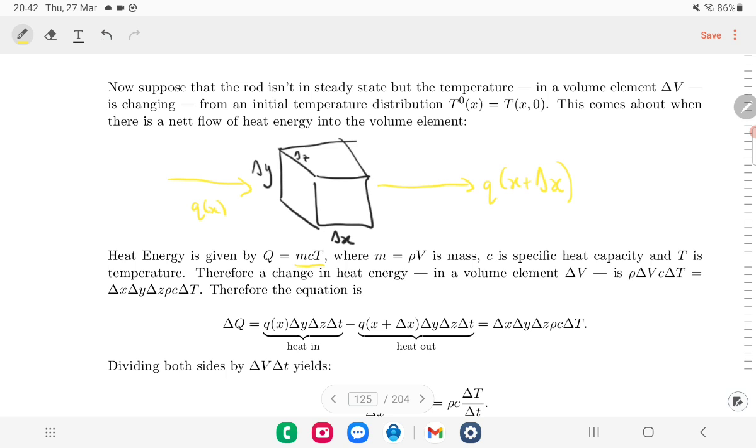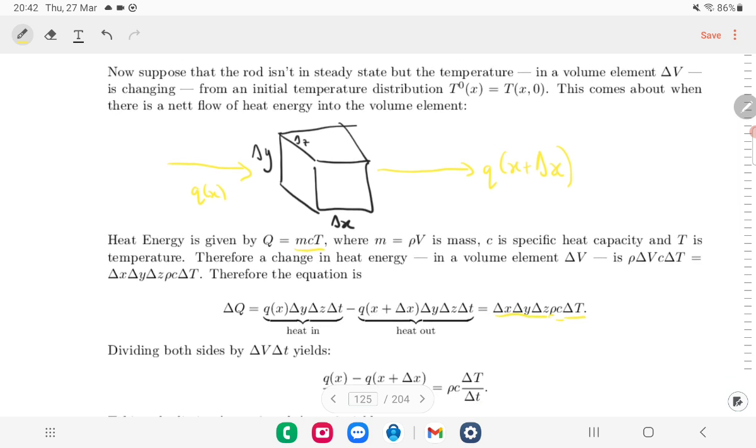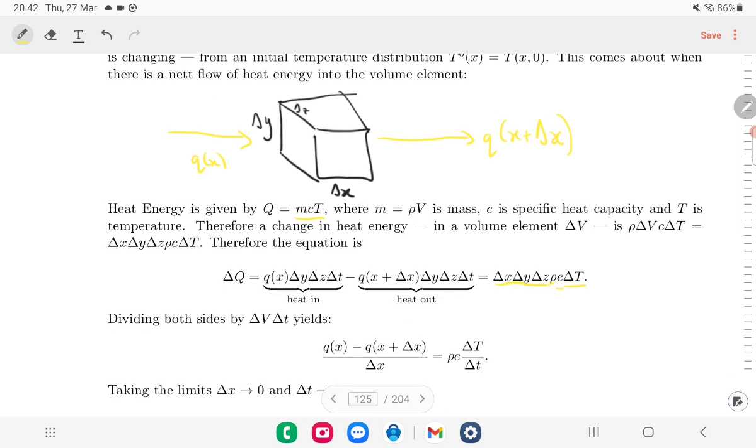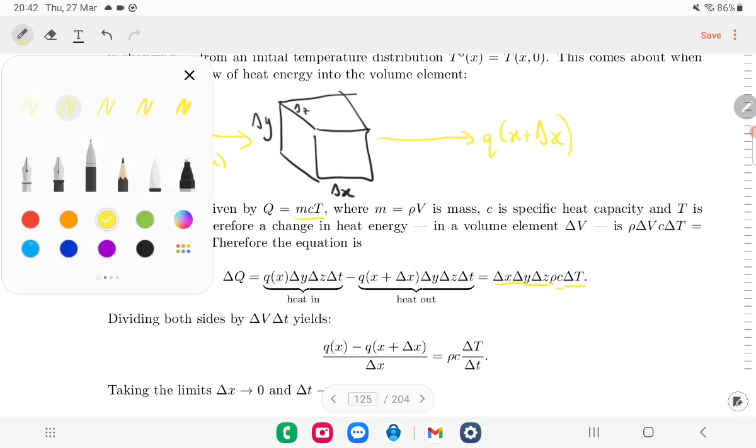The mass doesn't change, specific heat capacity doesn't change. So the change in heat is directly related to a change in temperature. Here's the change in temperature, here's the c, and this other piece must be the mass. So we see the volume times the density rho. So this is our little equation.